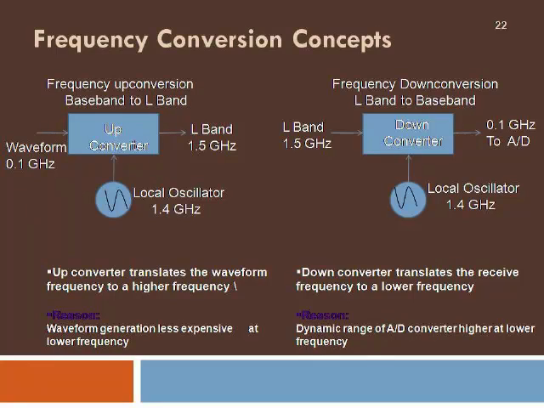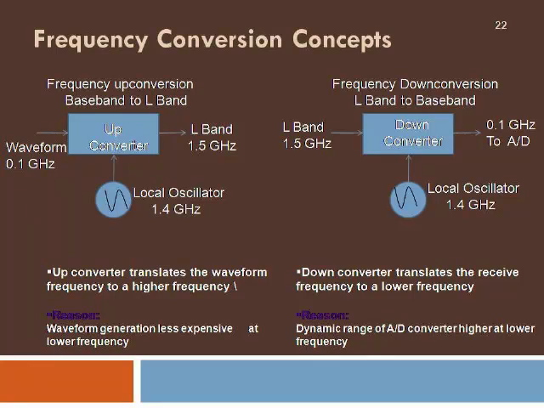So the up converter translates the waveform to a high frequency, whereas a down converter translates the received signal to a low frequency. Waveform generation is less expensive at low frequencies, and the dynamic range of the A to D converter is higher at low frequencies. Hence, the processing or the generation and other things, as far as possible, we will try to do at low frequencies.